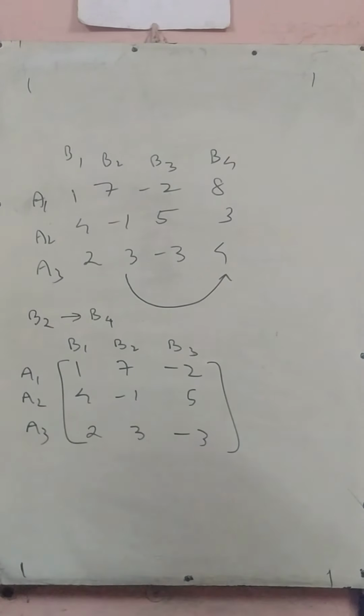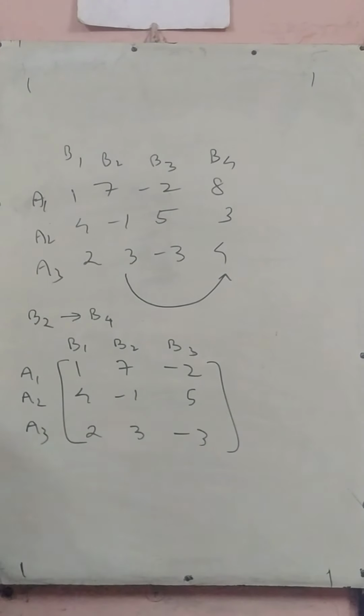Now in this case, if it can be reduced further, then only we can proceed to solve. Otherwise, we cannot have any scope to solve the problem because dominance principle is only possible to apply to make the matrix as 2 cross 2 matrix.